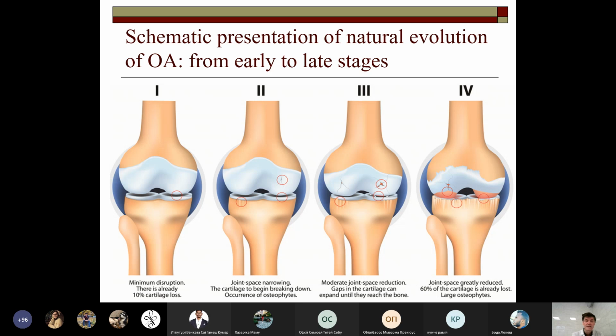So on this slide, you can see the schematic representation of the natural evolution of osteoarthritis from fairly early to advanced stage. In the first stage, we can see minimal distribution of the tangents, and not rarely a clinical condition where we cannot see any changes in the narrowing or the periarticular tissue.